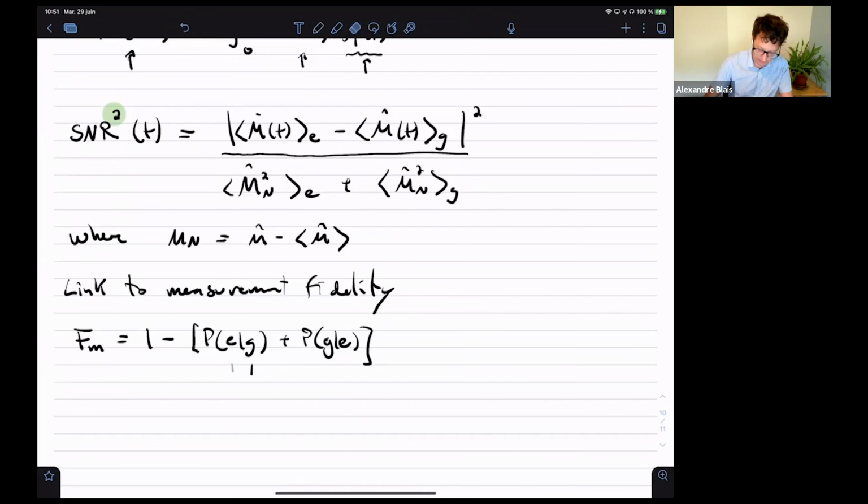So 1 minus the possible errors. This is often expressed as 1 minus E_M, the error, okay?